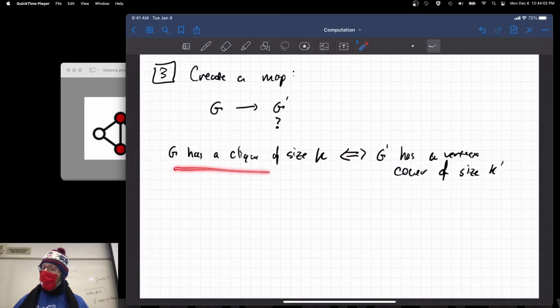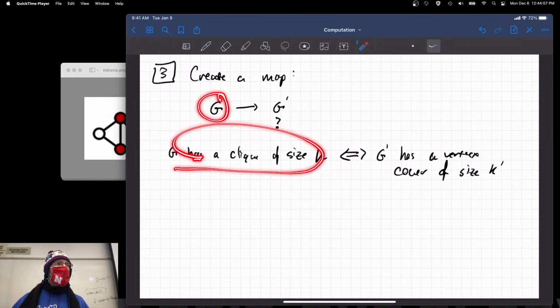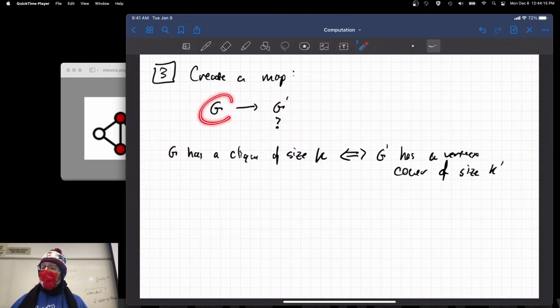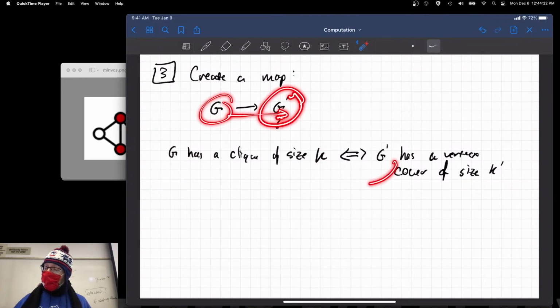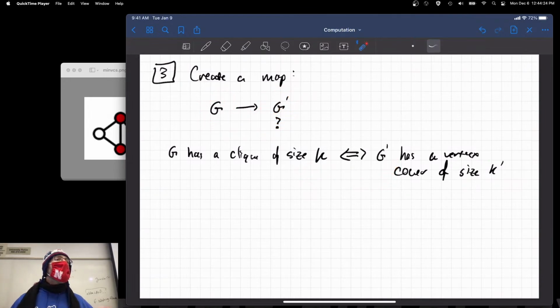Because what if you wanted to solve the clique problem? You've got an instance of clique. I don't know how to solve that. But suppose that I do know how to solve the vertex cover problem. So here's my solution for the clique problem. Simply apply your transformation, apply the solution for the vertex cover problem, and because solutions are preserved, that gives you a yes or no answer to the original problem.